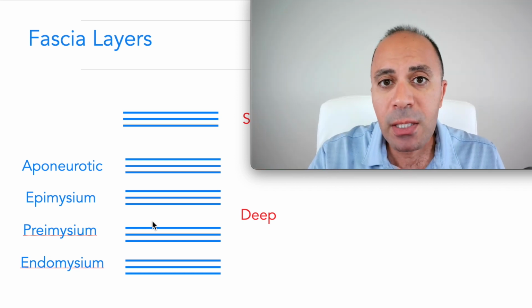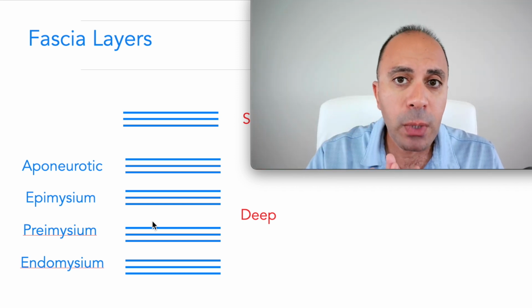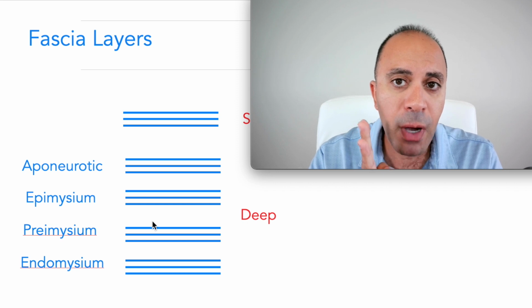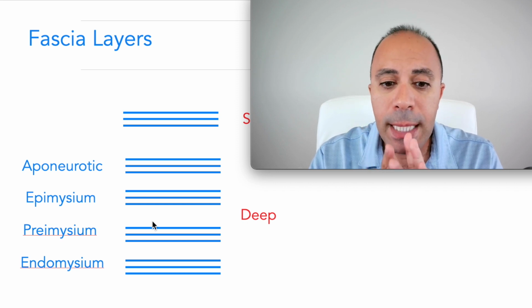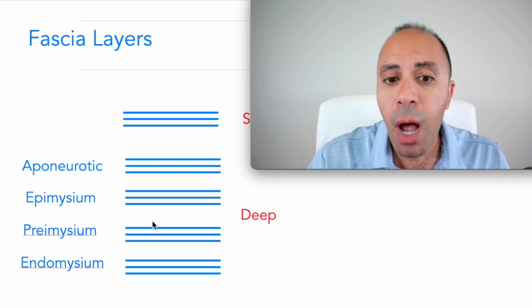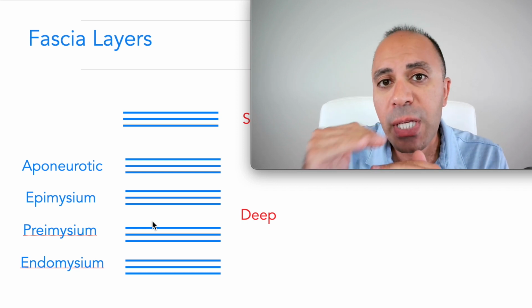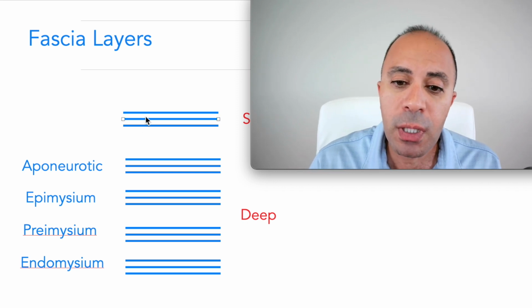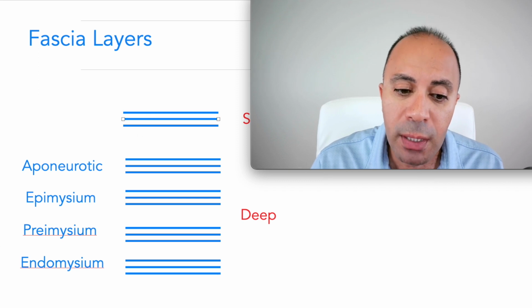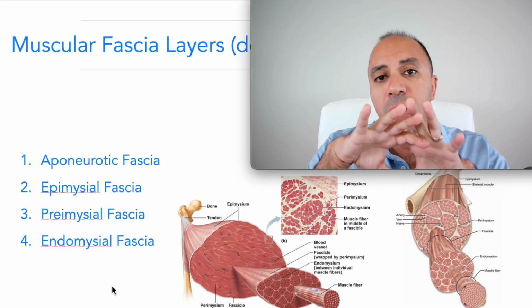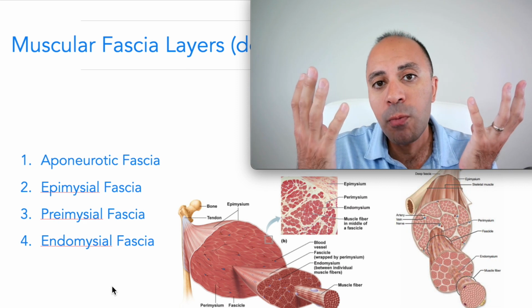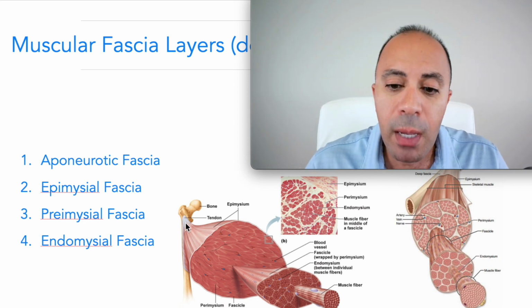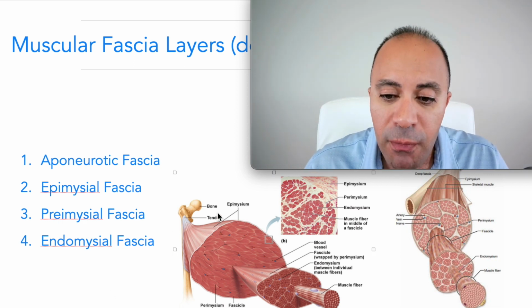The deep layer is divided into 4 subcategories, which are aponeurotic fascia, epimysium, perimysium, and endomysium. To make things more complicated, each of these layers has 2 to 3 sublayers on top of each other. So the aponeurotic fascia wraps a group of muscles, and then we have the epimysium wrapping each individual muscle.